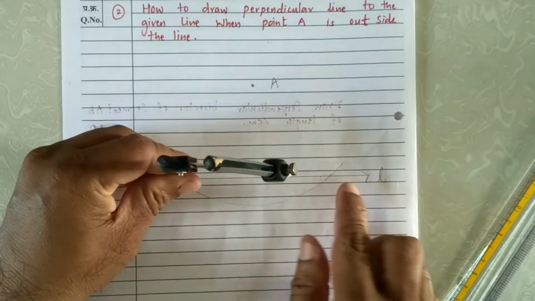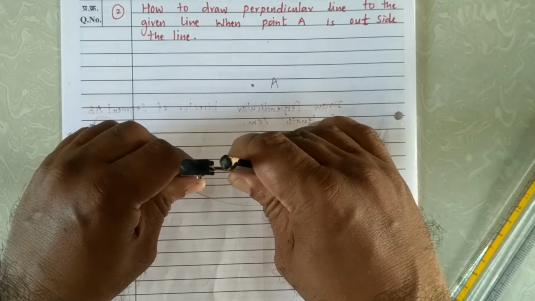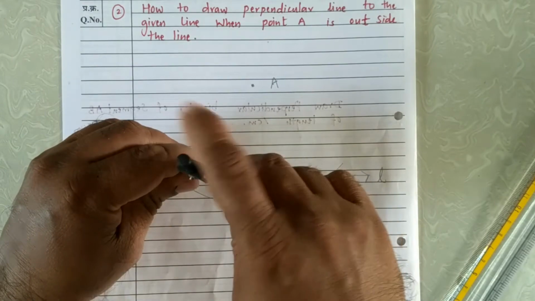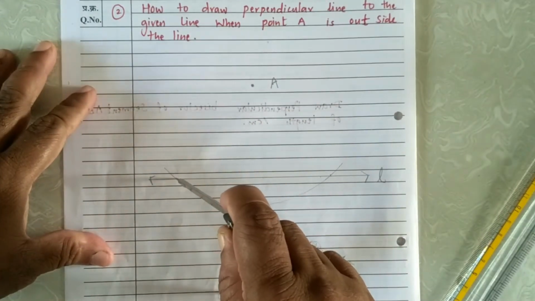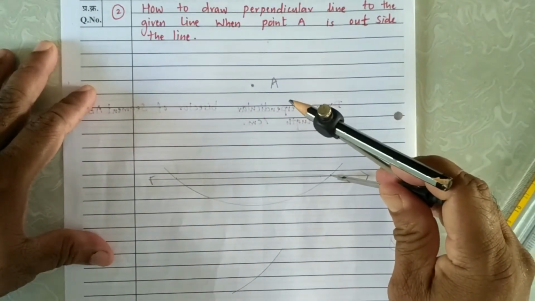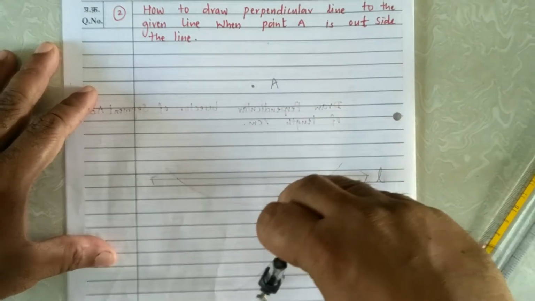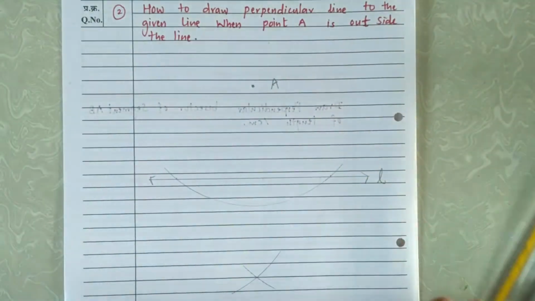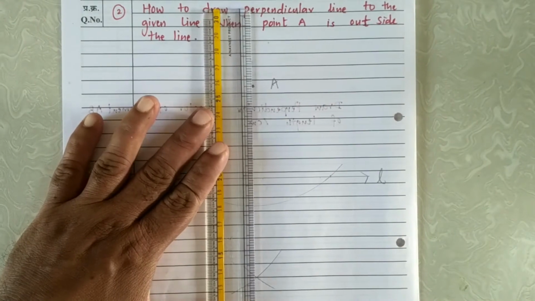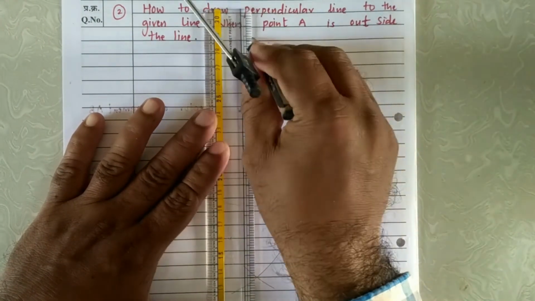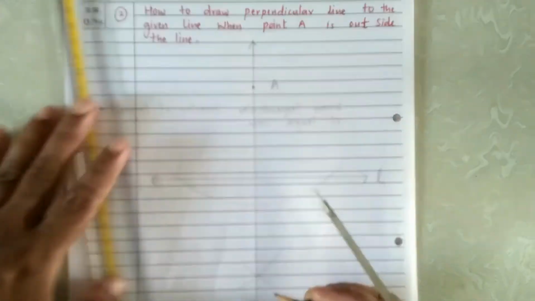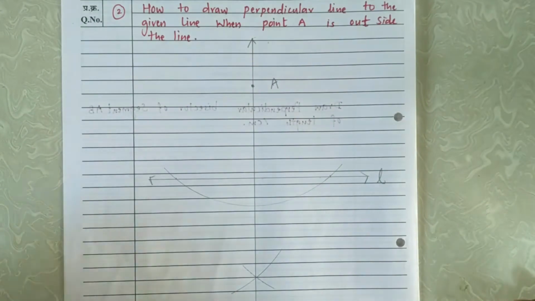Take more than half the distance between the points where it is intersecting line L, and draw one arc below the line L, and keep the pointer at the other point and intersect that arc. Then draw the perpendicular line, which will pass through point A. This is how we can draw the perpendicular line to the given line when point A is outside the line L.